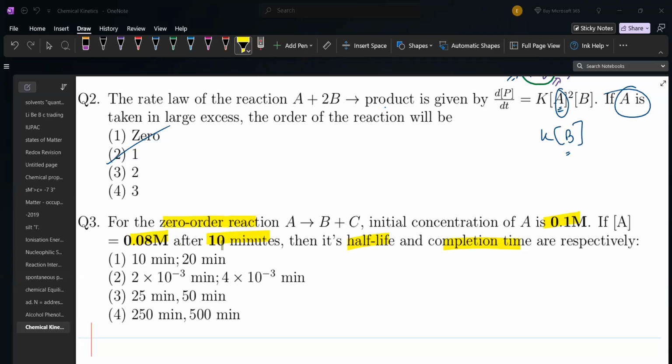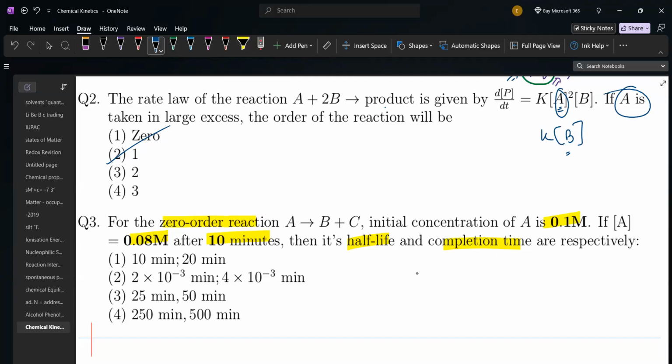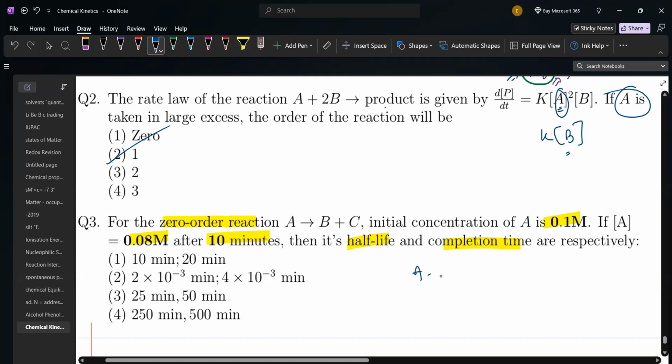So let's try solving this. The zero order reaction is already given, so we will apply this formula: A is equal to A naught minus KT, right? Yes, sir. 0.08 is equal to 0.1 minus K into T. T will be 10 minutes.